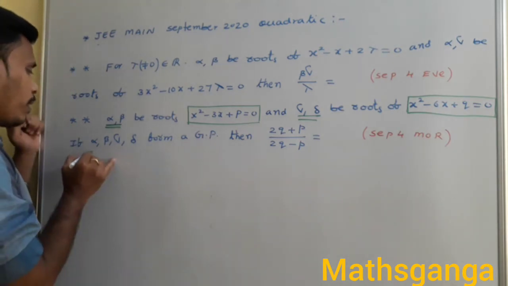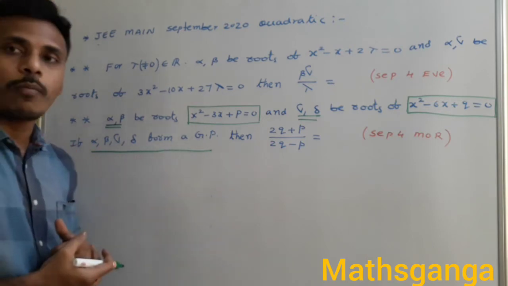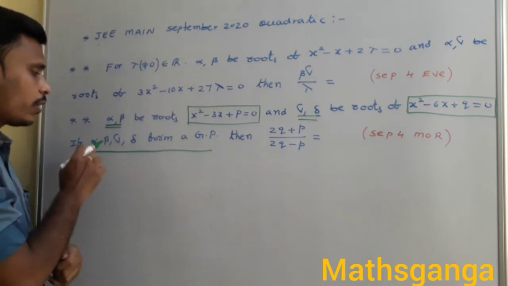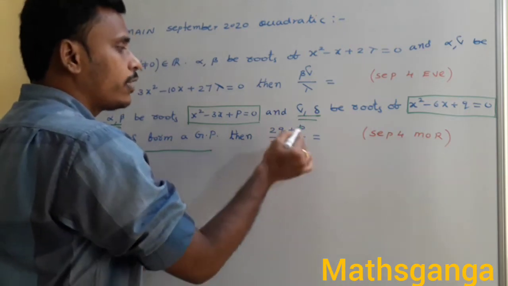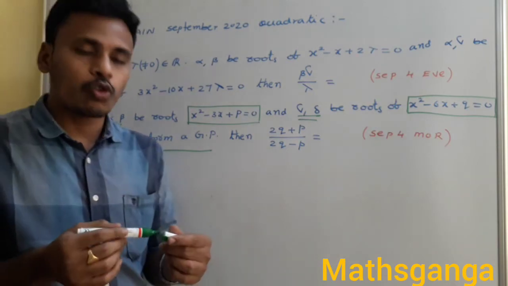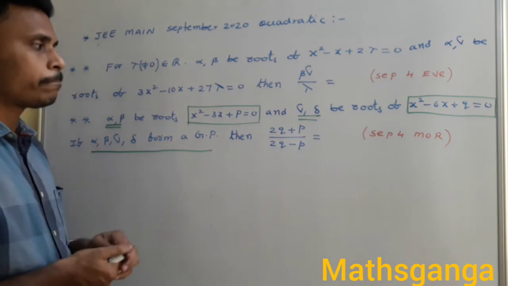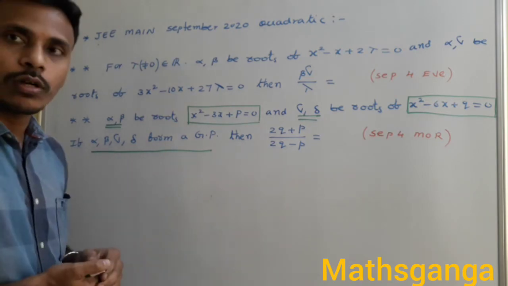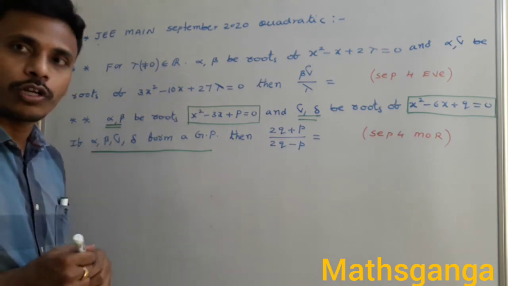Also they mentioned that alpha beta gamma delta together will form a geometric progression, and we need to find this particular value 2q plus p divided by 2q minus p. If we find p and q, then it is easy to conclude that.